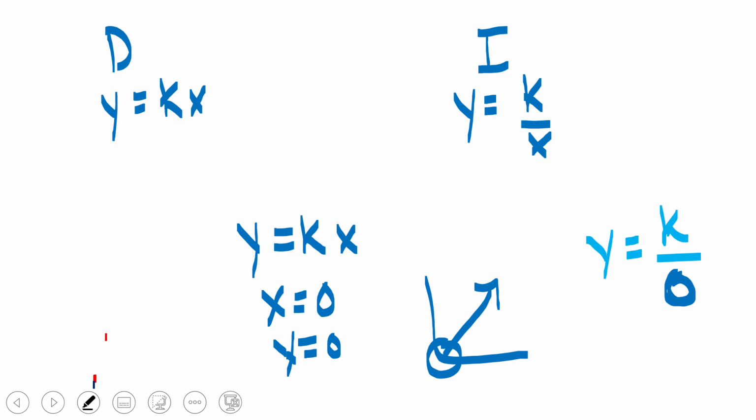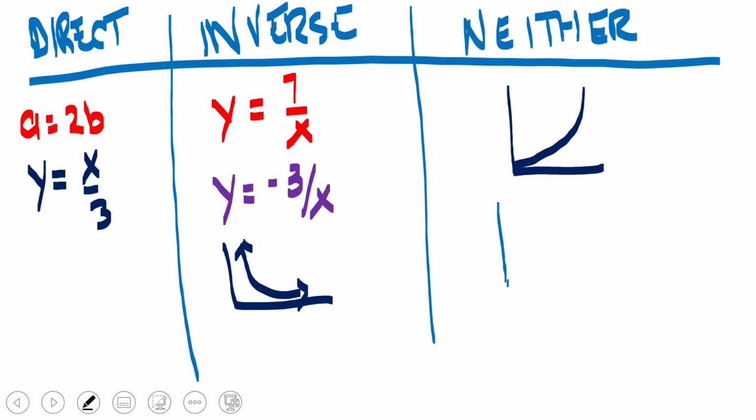So the inverse doesn't work here either. So if x is equal to 0, then y is going to be 0, and that's the origin of an x and y axis. That's where a direct correlation will move through or start or eventually get to, and the inverse correlation isn't viable. So this one is neither.